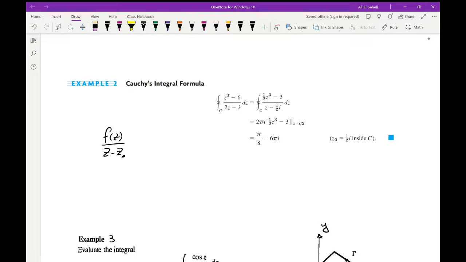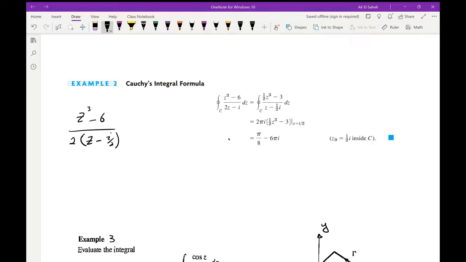Okay, our integrand should be reduced to something like this. What we have in the denominator is not z minus i, we have 2z minus i. So we have to get rid of the 2. Okay, so this is z cubed minus 6, and this is, take the 2 common, 2 times z minus i over 2.